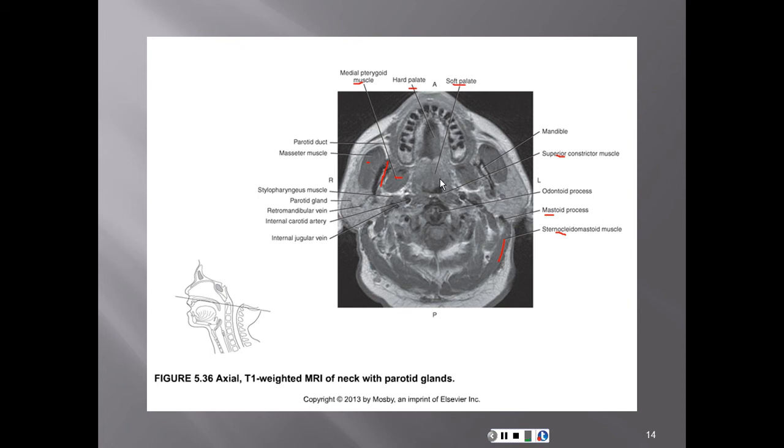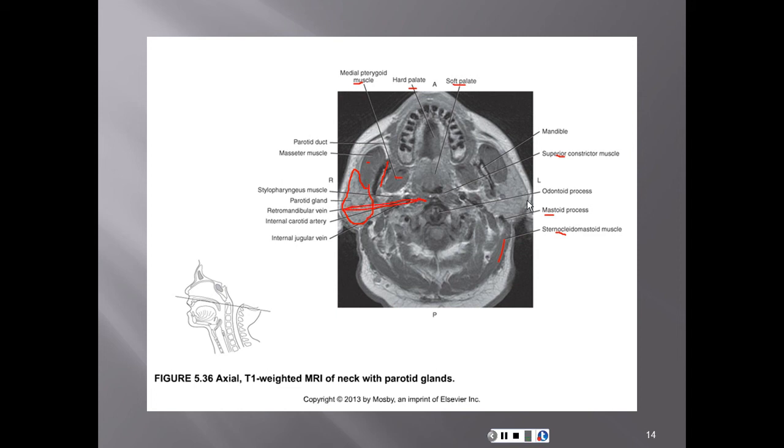Remember that. You have a picture of the internal jugular vein and internal carotid artery and the parotid gland. So this would be all parotid gland. So if this is marked, let's go to the other side.